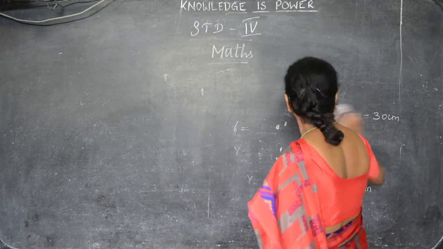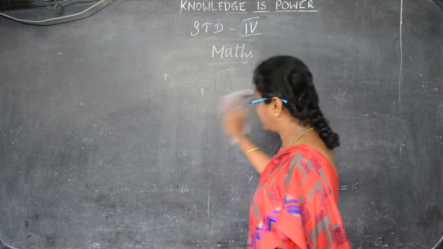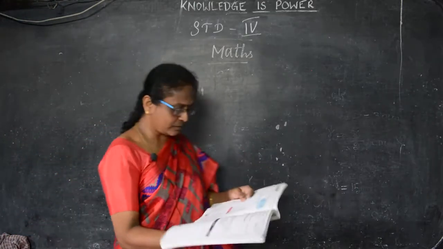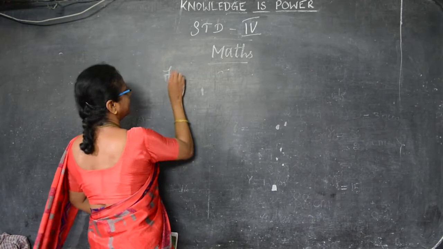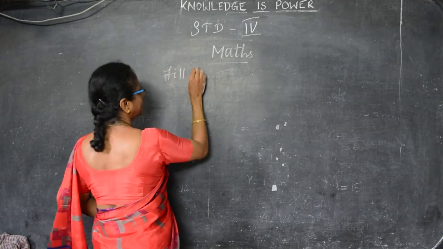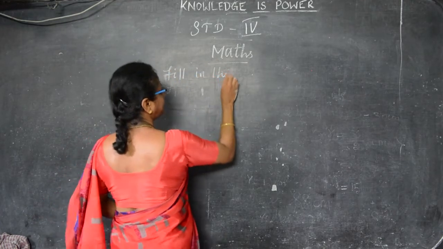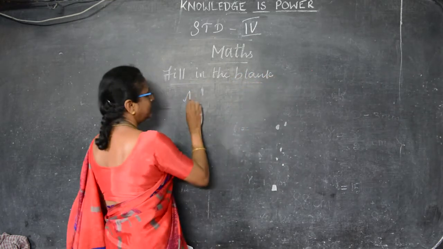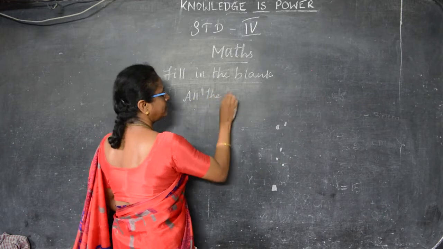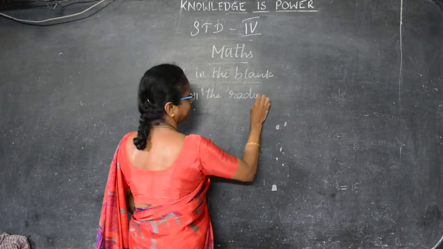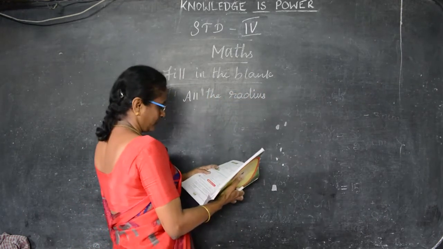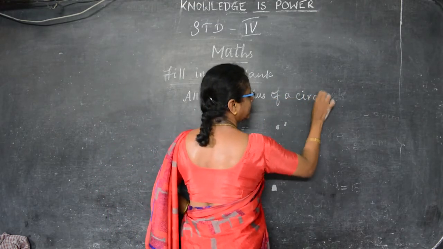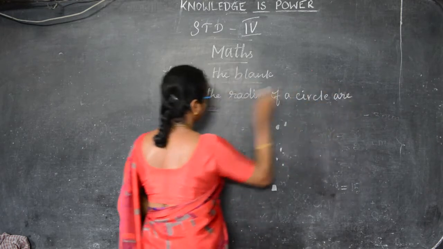Now, fill in the blanks, you just listen. Here, all the radius of the circle. You know what is the radius? All the radius of a circle are equal.